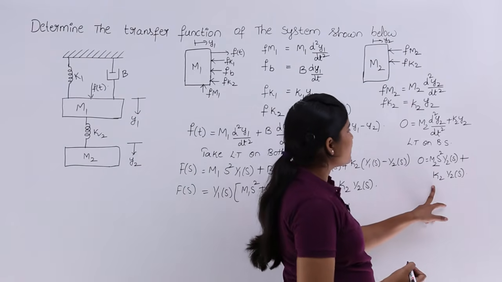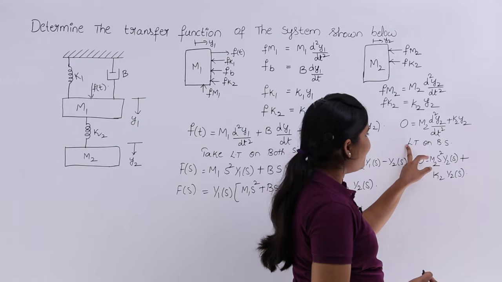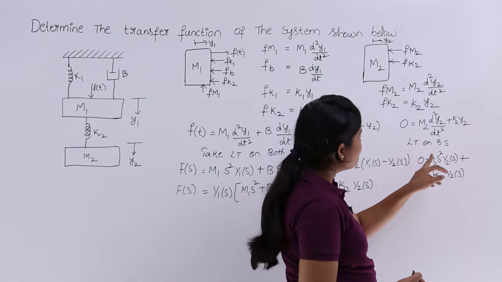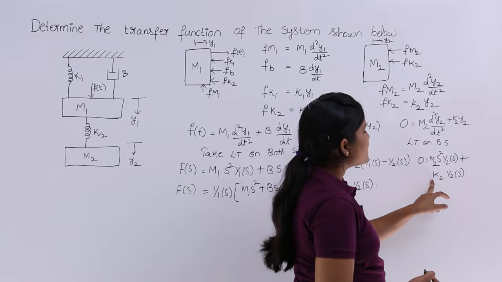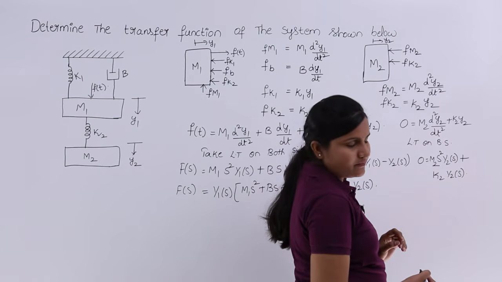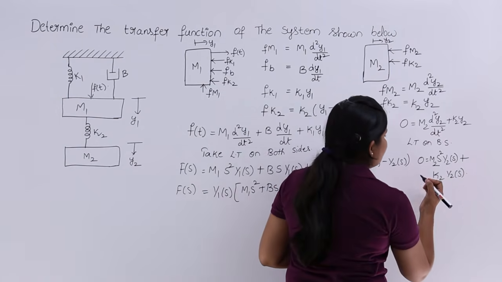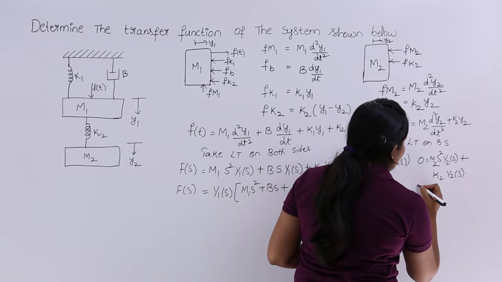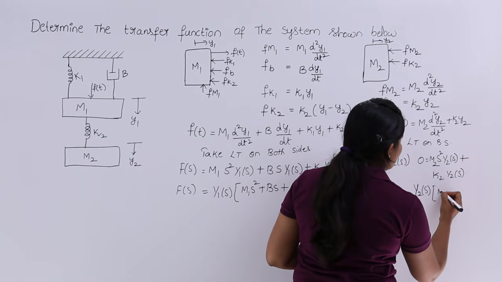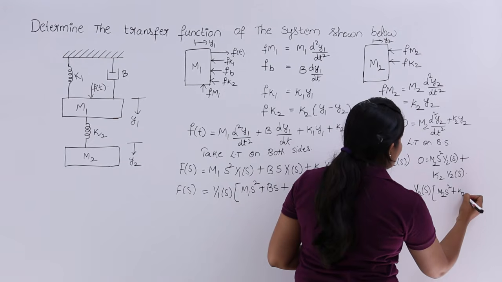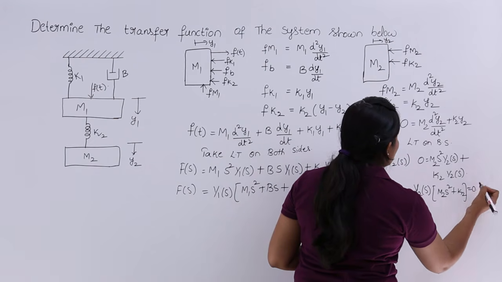So here, if you take Laplace transform on both sides, you get m2 s square y2 of s plus k2 into y2 of s. Now I am taking common y2 of s: y2 of s into (m2 s square plus k2) is equivalent to 0.